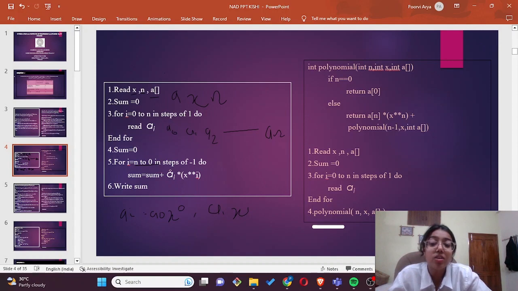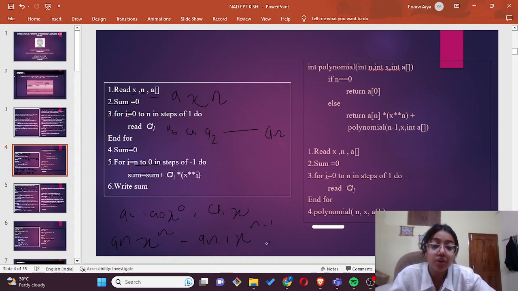This says sum is equal to, now we started from the back, n to 0. Then this says that we find a n x to the power n. We add it to a n minus 1 x to the power n minus 1.